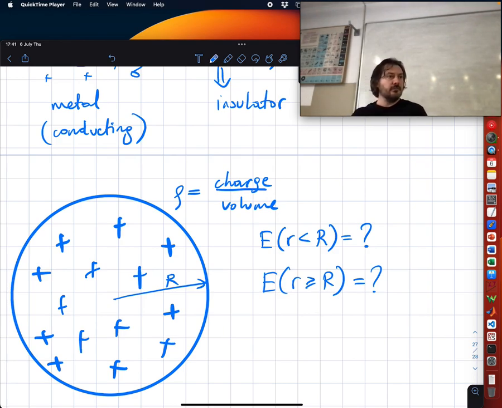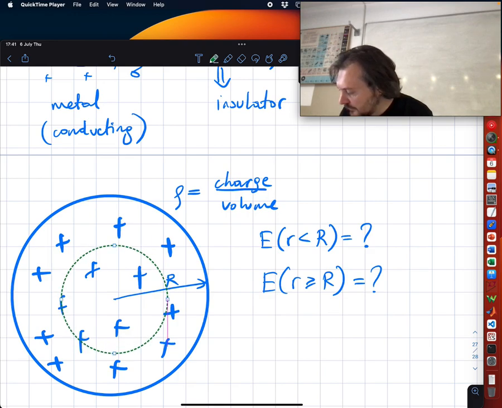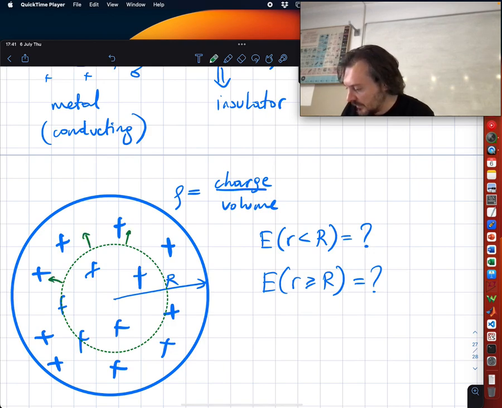That's the question. Inside where? Inside at a distance r that is less than big R. So for example, over here. So there will be some electric field pointing in this direction, right?